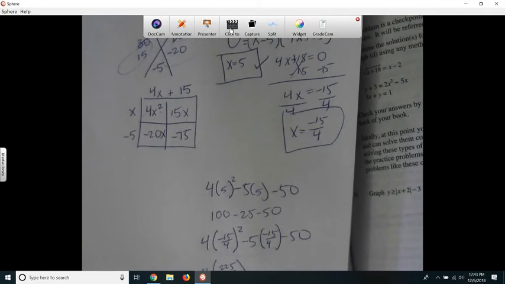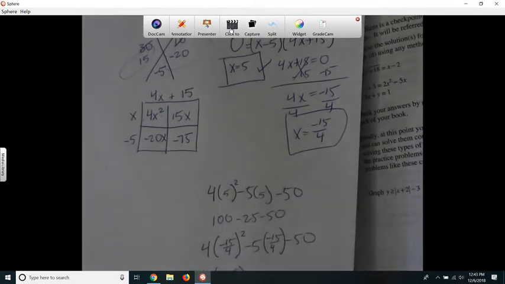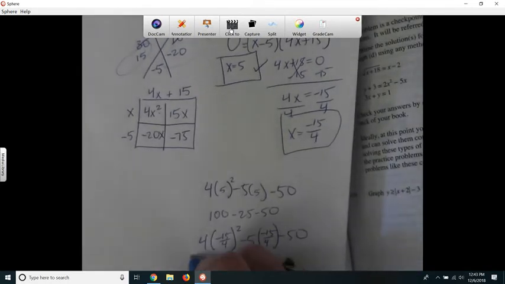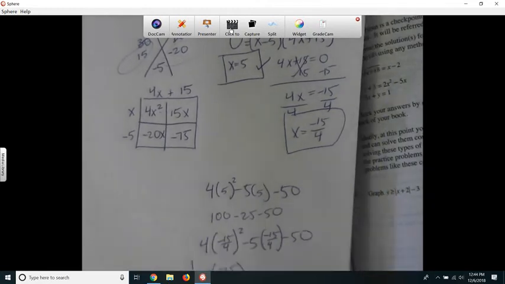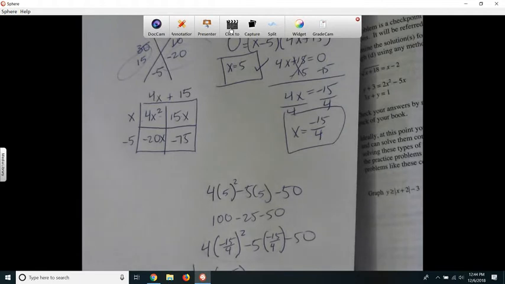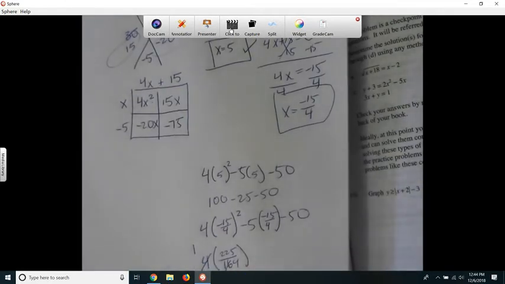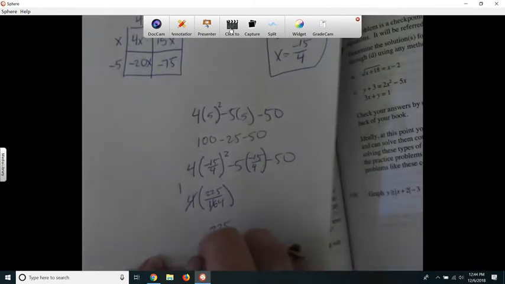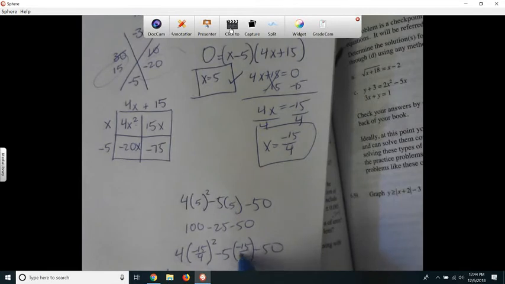The 4 and the negative 15/4 squared. Oh, okay, I'm almost there. So 225/4, is that the number that you just said? 225 divided by 4? He said that was about 56. So this is 56.25 right here. And then this thing is going to be some positive number.